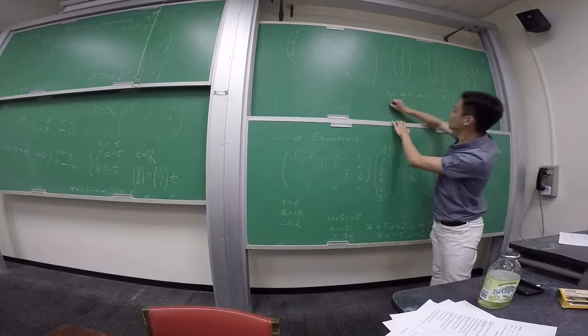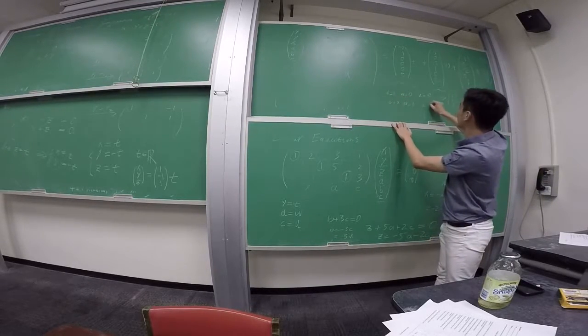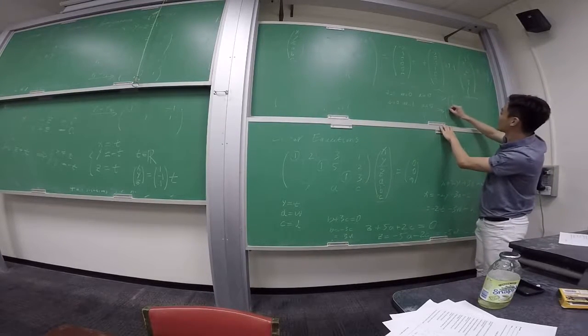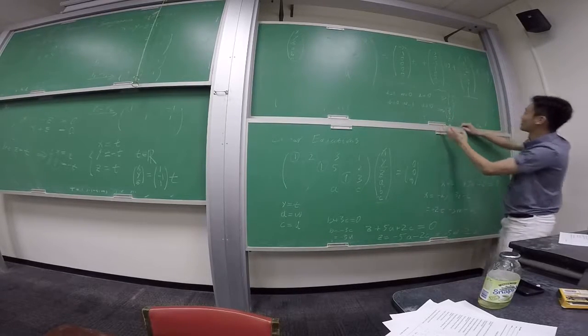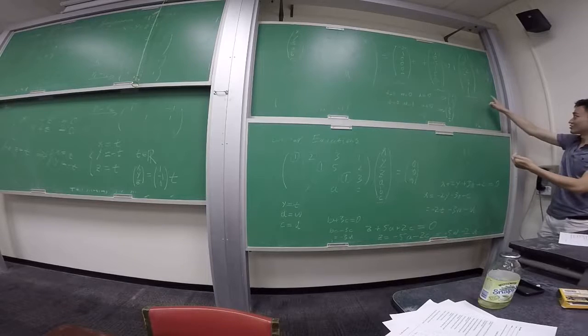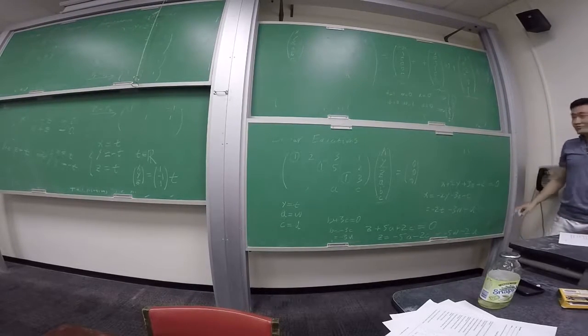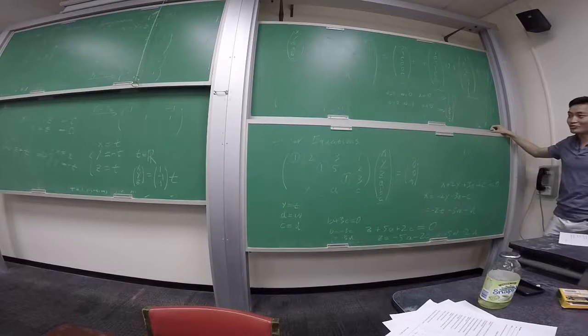And if you let t equal to 0, w equal to 1, u equal to 0, then the solution you get is -3, 0, -5, 1, 0, 0. And if you let t equal to 0, w equal to 0, u equal to 1, you get these column vectors.